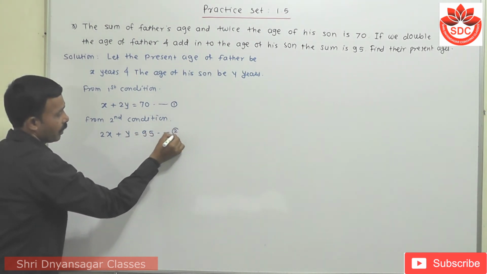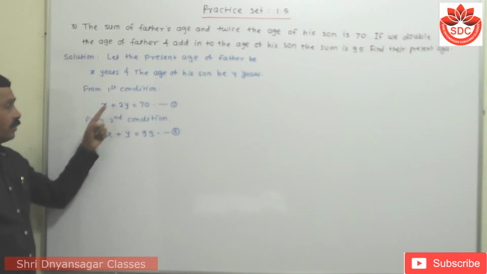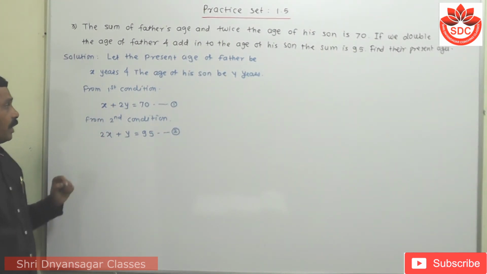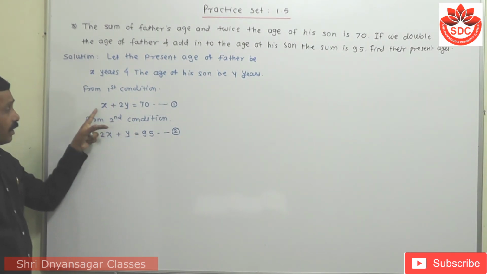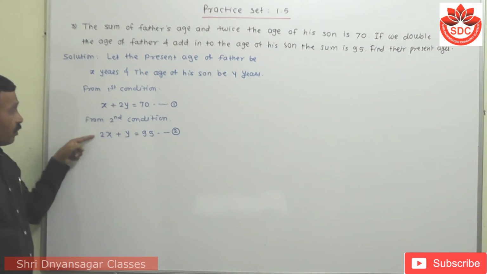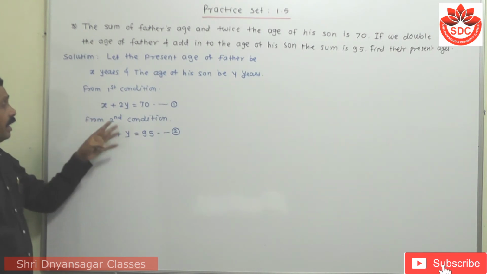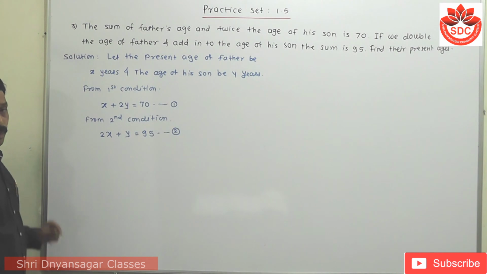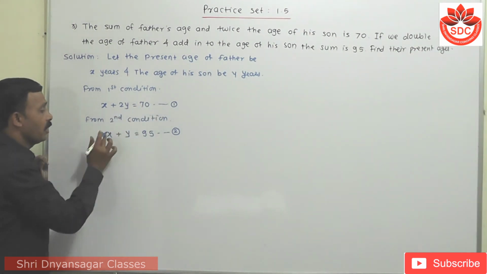This is equation number second. Now when you observe equation first and second, if you multiply this equation second or first by any number, means equating coefficient of X or Y, we get the values of X and Y. So here I have to multiply the equation first by 2.